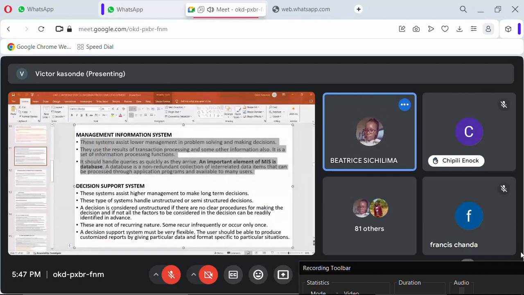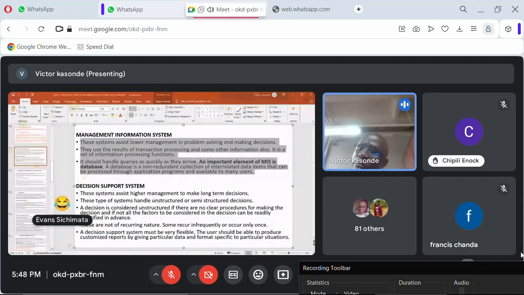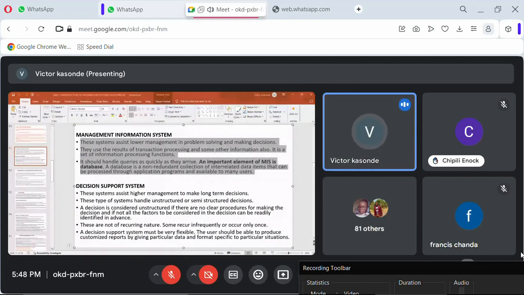Because we have three types of information system. We have TPS, transaction processing system. This system deals with day-to-day transactions.